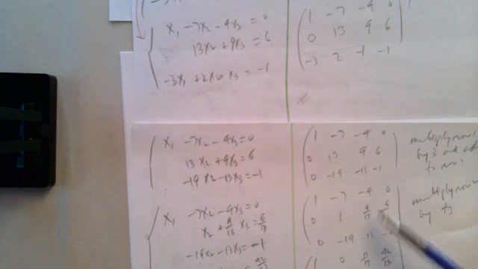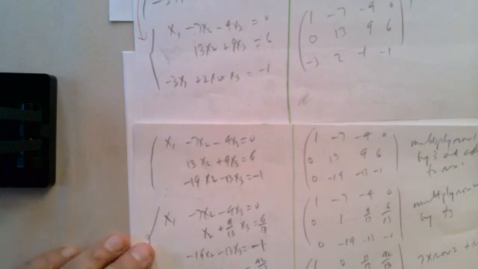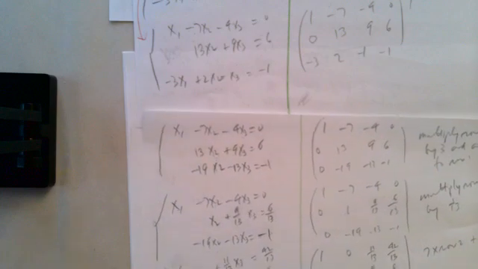How did I get from this matrix to this matrix? I multiplied the second row by 7 and added to the first row. So 7 times the second row added to the first row gave me a new first row.